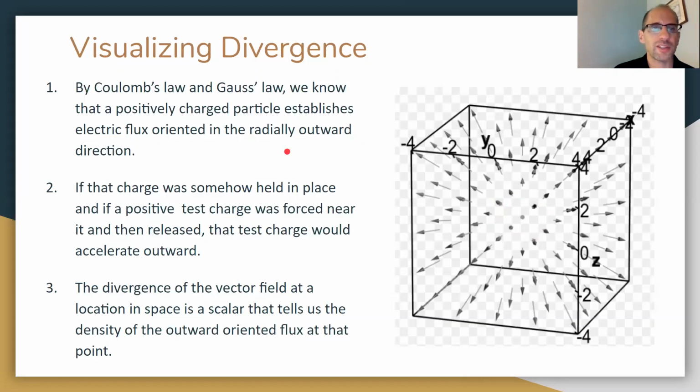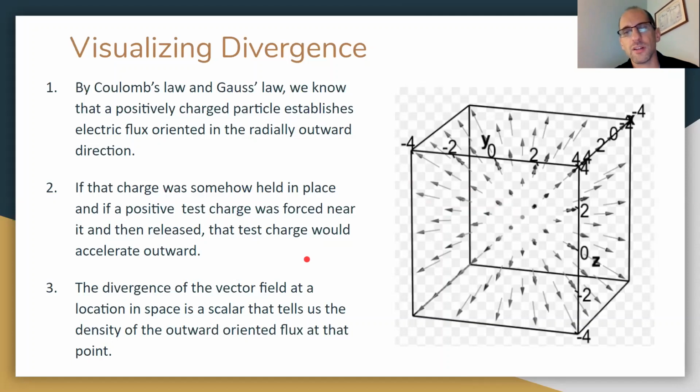By Coulomb's law and Gauss's law, we know that a positive charged particle establishes electric flux oriented in the radial outward direction. If that charge was held in place and a positive test charge was forced near it and then released, the test charge would accelerate outward along these lines of flux. The divergence of the vector field at a location in space is a scalar that tells us the density of the outward oriented flux at that point.